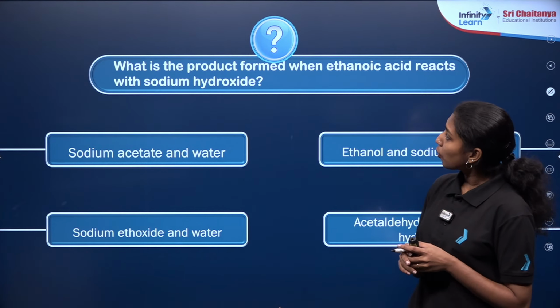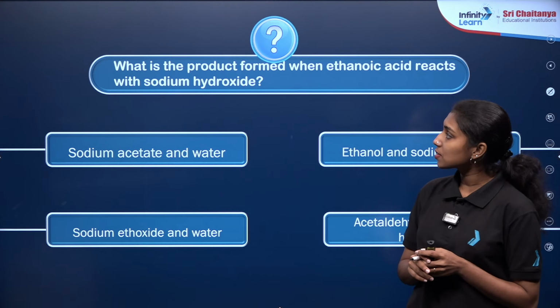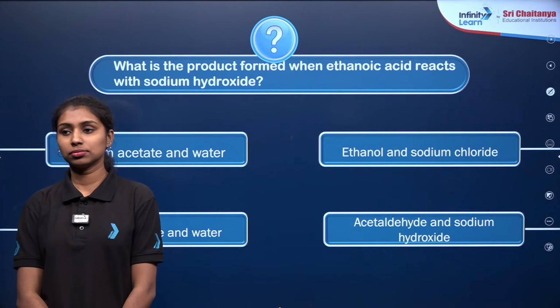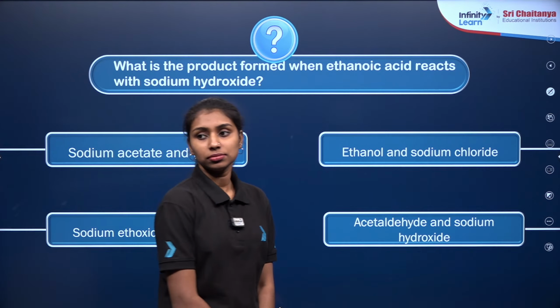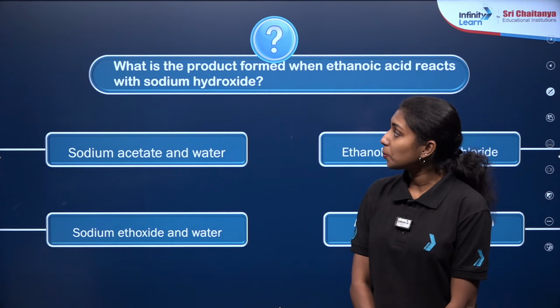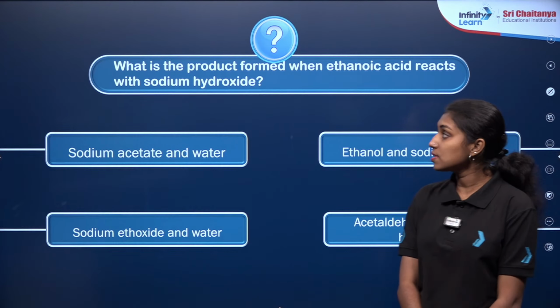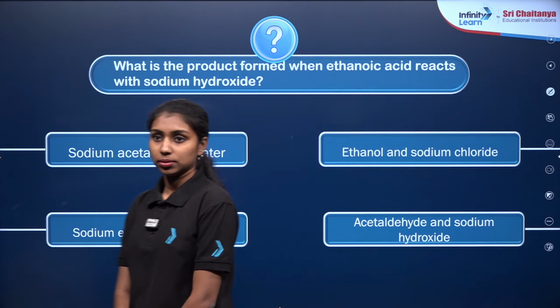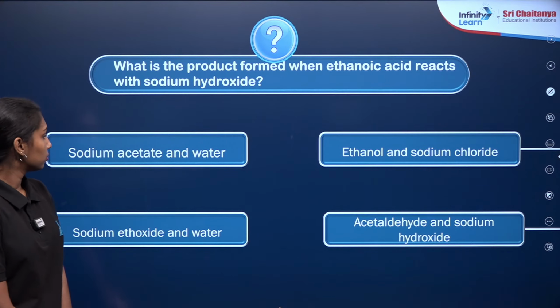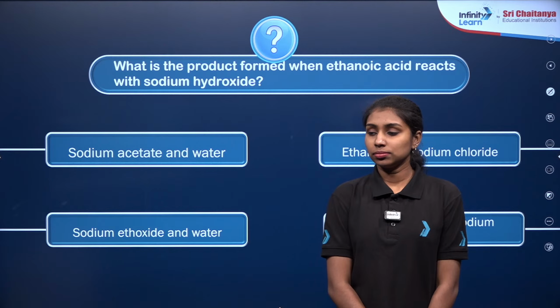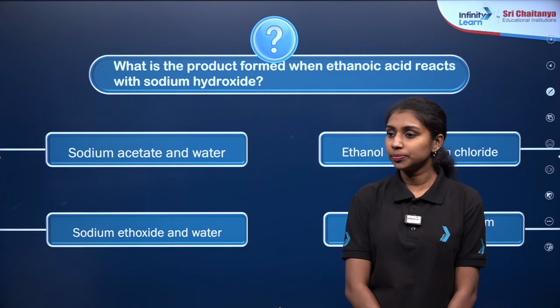What is the product formed when ethanol... sorry, when ethanoic acid reacts with sodium hydroxide? Read the question properly. Okay, what will be the answer?